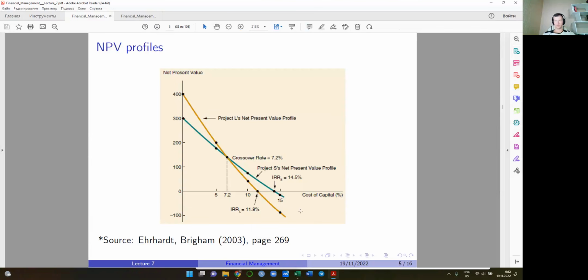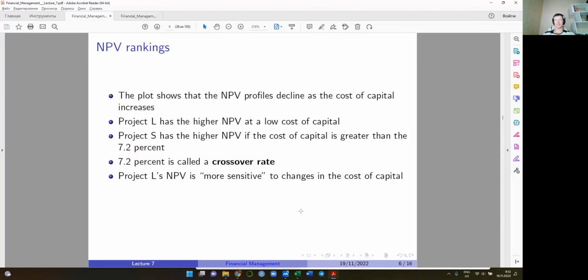We already saw this effect when we spoke about bonds. The longer term bonds, the bonds with larger duration, are more interest rate sensitive. Same thing with projects. Exactly the same mechanics applies.